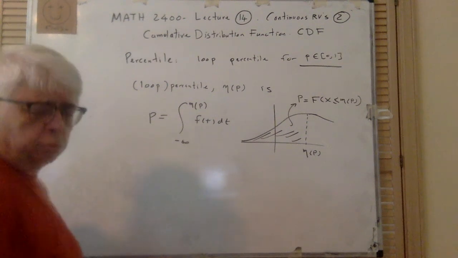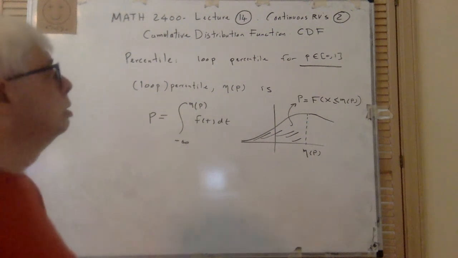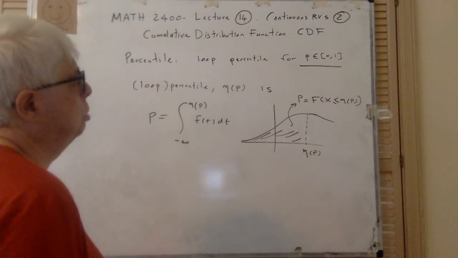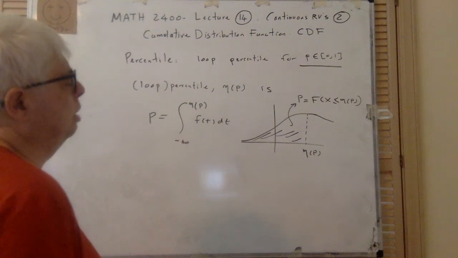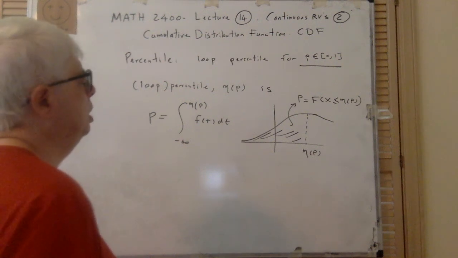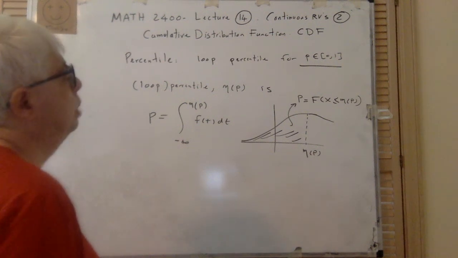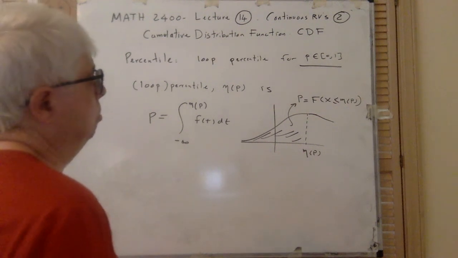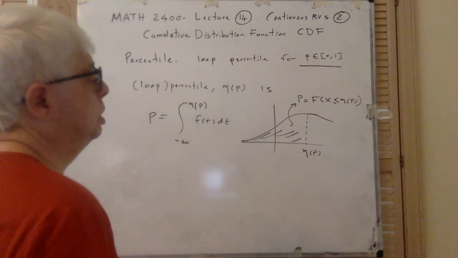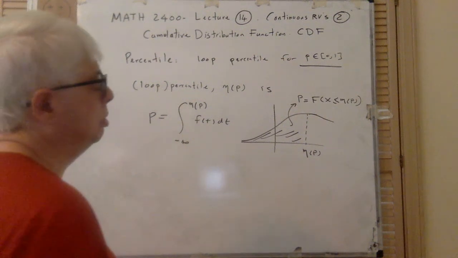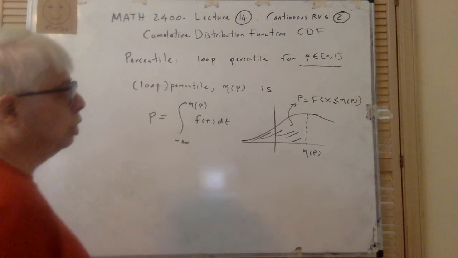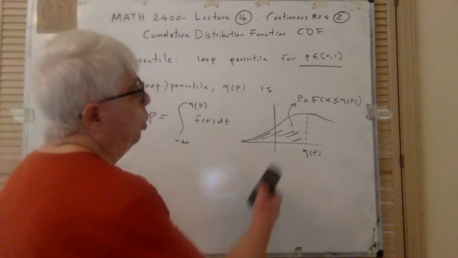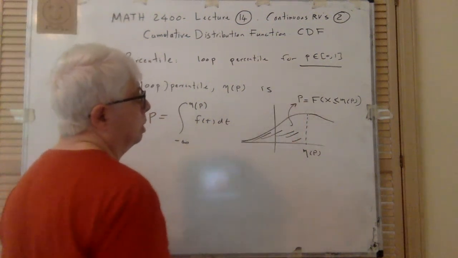I usually don't work with percentiles, but it's nice to know this. You will see that in statistics, in fact. But anyway, so that is like the inverse in a sense. It's saying, okay, we are given the probability, find that point on the x-axis such that that point gives you this probability.